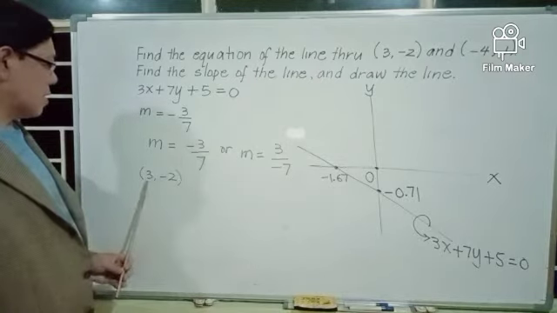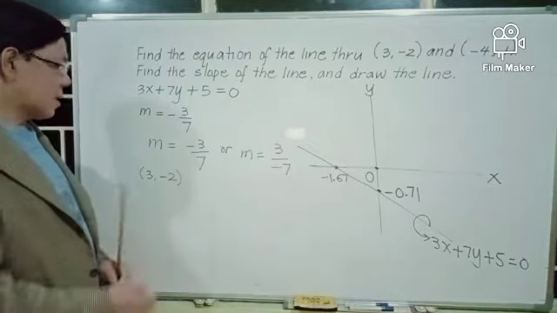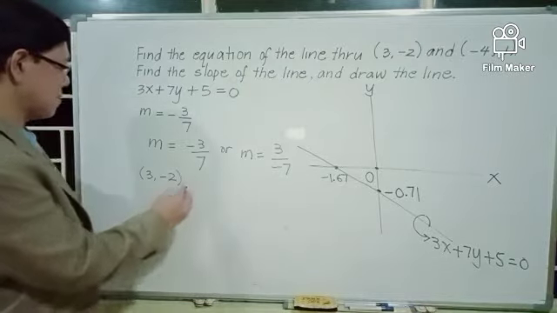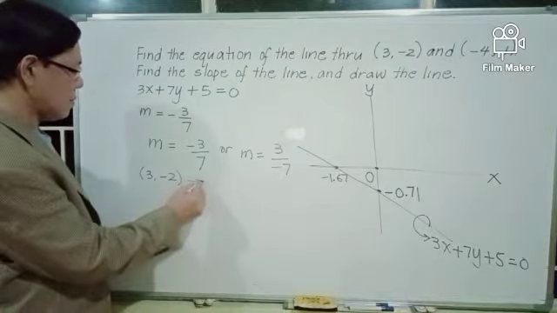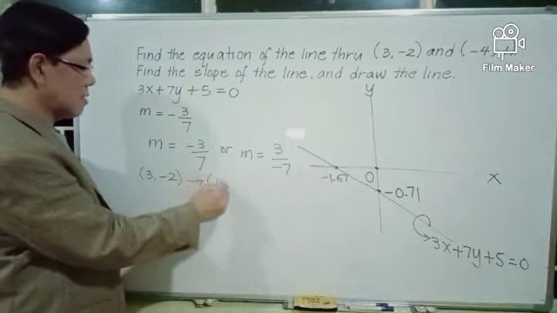If the abscissa increases by 7 units, then the abscissa of the new point on the line will be 3 plus 7, which is 10.